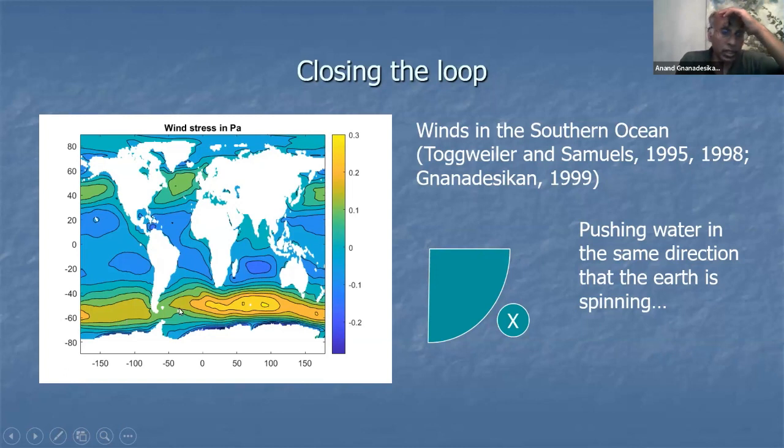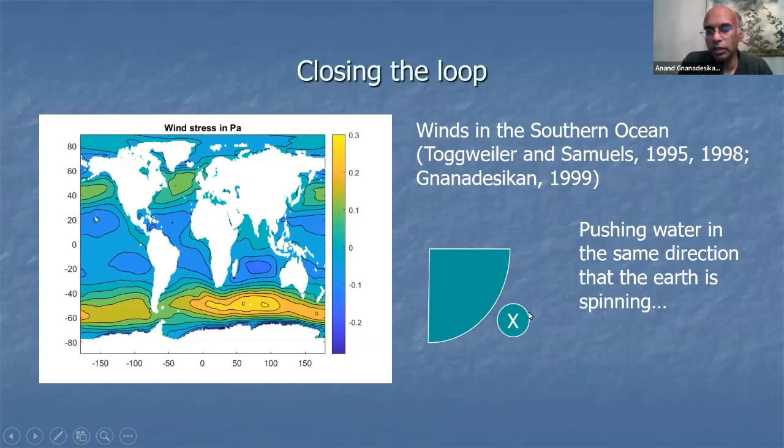And so these winds, as already been discussed, drive a circulation. That circulation is not in the direction that the winds are going, but to the right, at an angle to the winds. And what you can think about this as, if we think about this as the Earth, as a quarter section of the Earth that's rotating, and rotate it, it would be rotating away from you on the right.